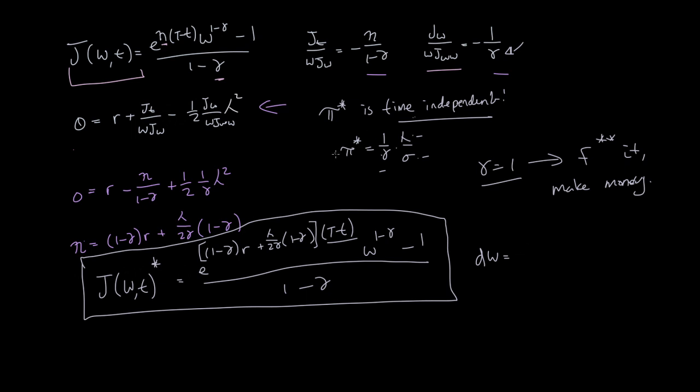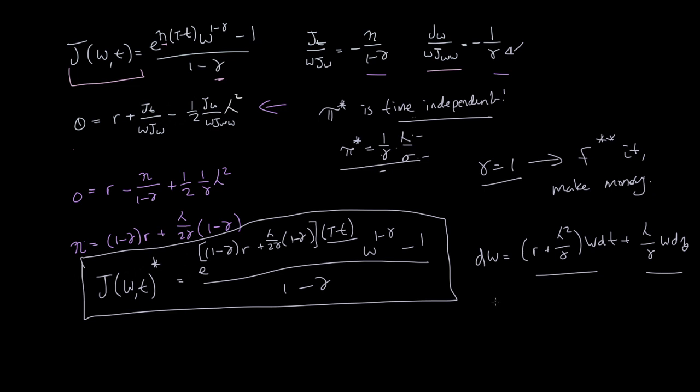If we take this optimum pi and we put it back into our wealth equation, you would just get exactly what's written on the slides, which is lambda squared over gamma w dt plus lambda over gamma w dz. So this is the risky part and the risk-free part, the risky part here and the risk-free part.